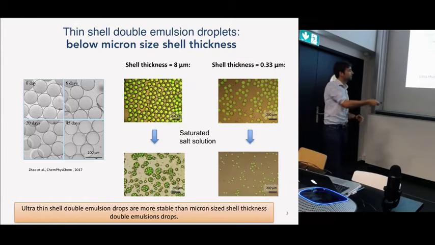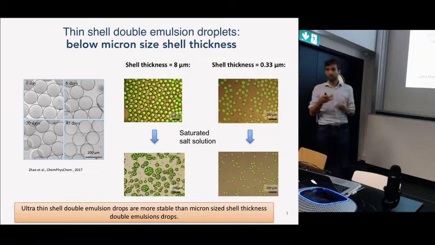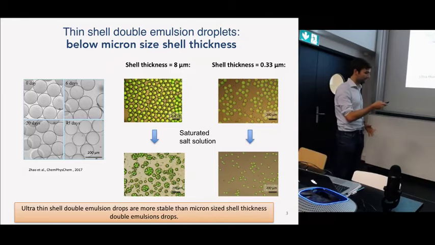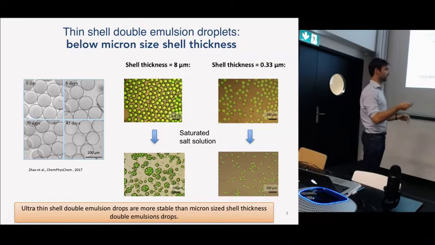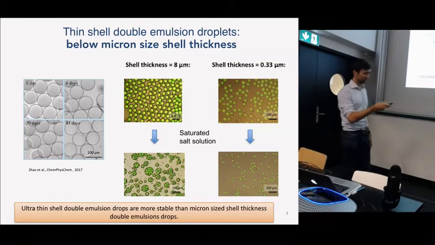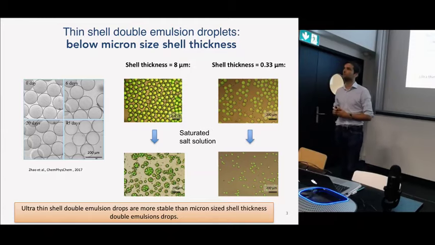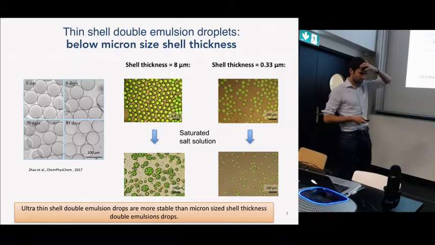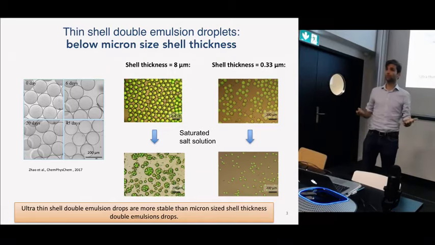But what we saw is, for the double emulsions with the 8 micron shell thickness, they tend to aggregate together and form those kind of multi-core structures. They merge together the outer shell and form this stuff. Whereas for the thin shell, they shrink because you have a lot of osmotic pressure, of course, but they seem to remain stable. So that was an interesting feature for those thin shell drops.